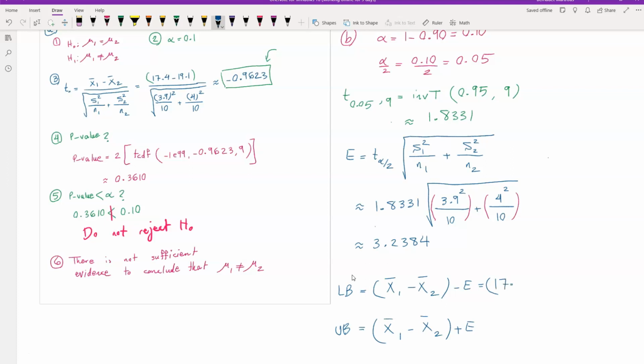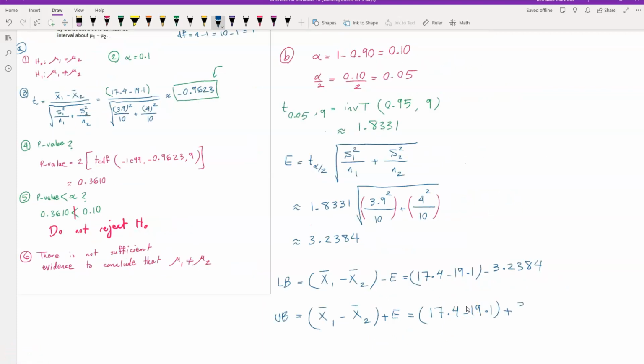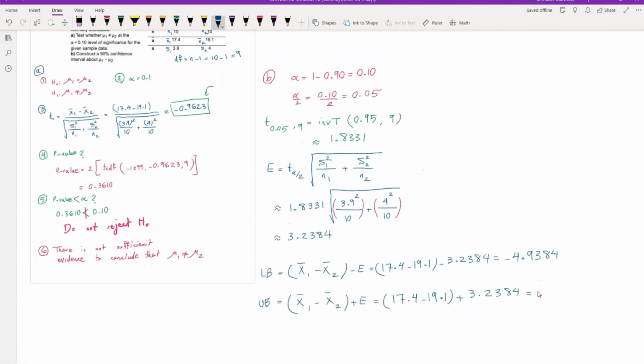So here we have 17.4 minus 19.1 minus E, and here plus E. So the answer for the lower bound is negative 4.9384, and for the upper bound we have 1.5384. So this is our interval, lower bound, upper bound.